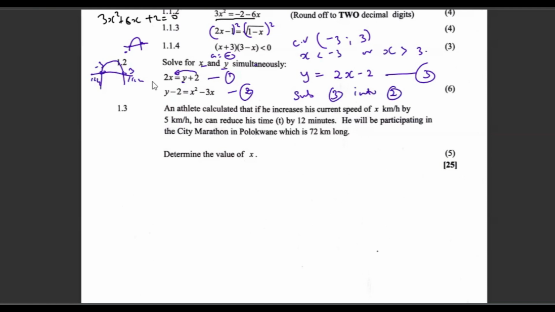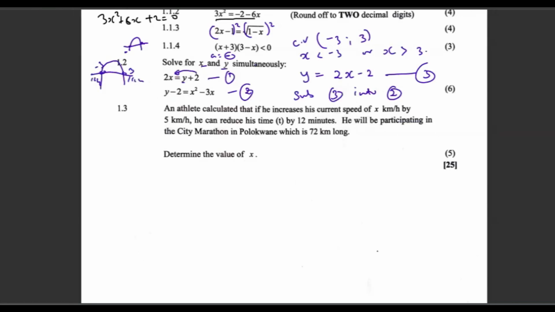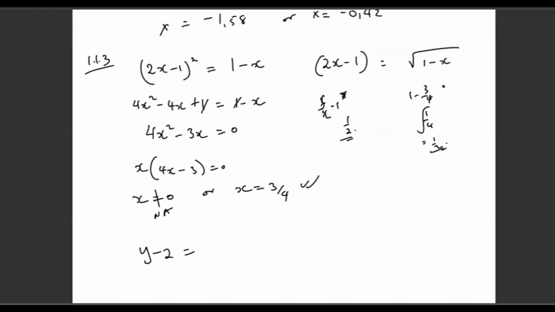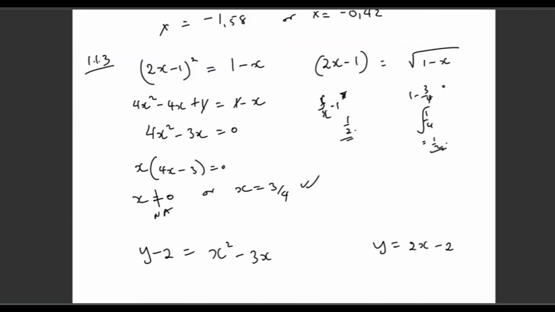And then we have to substitute equation 3 into equation number 2. Let me jot this down. Y minus 2 is equal to x squared minus 3x. And we said y is 2x minus 2. Perfect.